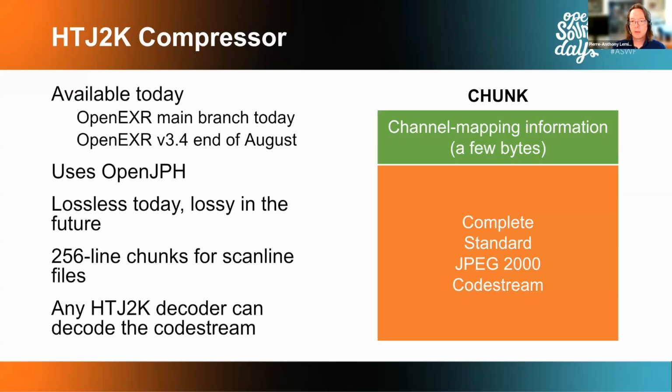Today, for scanline files, it uses a 256 line chunk. Each 256 line chunk contains a complete standard JPEG 2000 code stream.